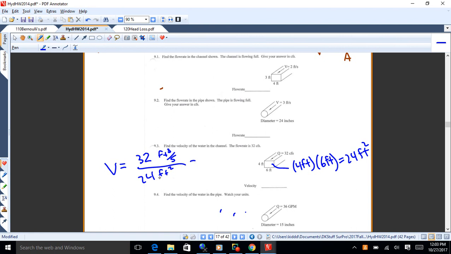What happens here with the units is the square feet cancels out all but one of the cubic feet. And then when you divide 24 into 32, you get 1.33. And what's left for units is feet per second, which is a velocity. Y'all okay with that?